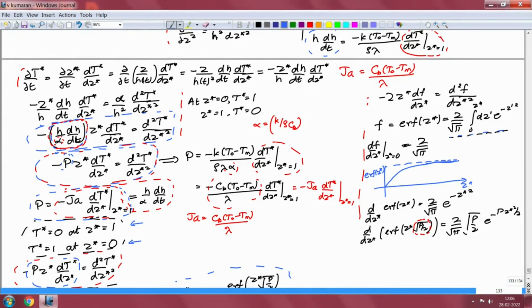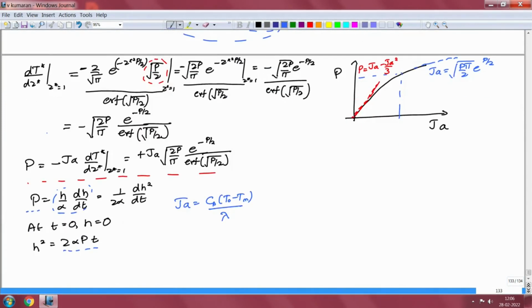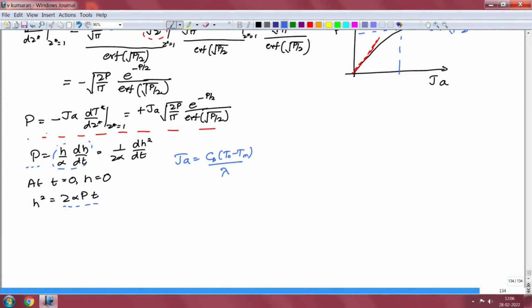So, for very specific cases where the compatibility condition on the variation of height with time results in an equation which does not depend explicitly on time, then I can use this similarity transform in order to find out the progress of the height with respect to time.